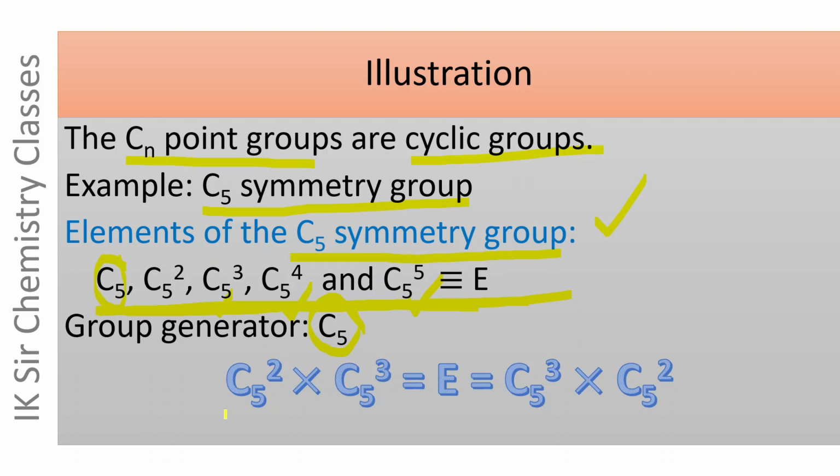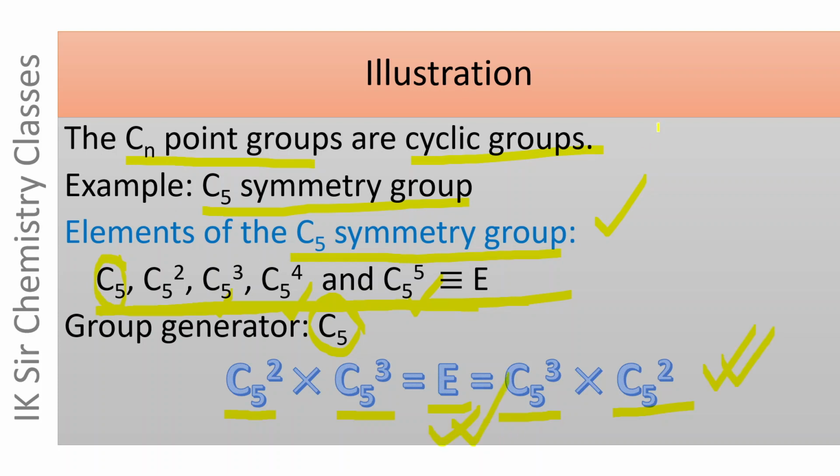For example, C5^2 multiplied by C5^3 is equal to C5^5, and its result is E. And the same result is obtained if C5^3 is multiplied by C5^2. It is again equal to C5^5, that is E.